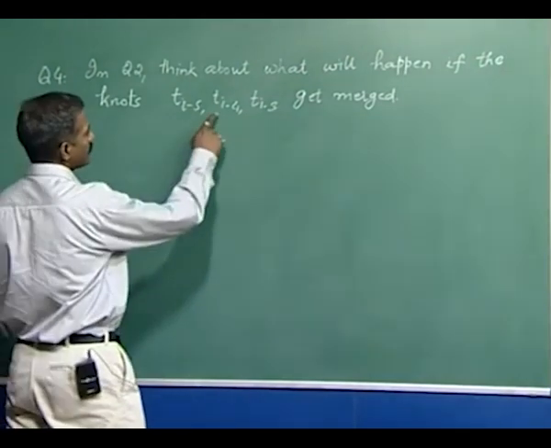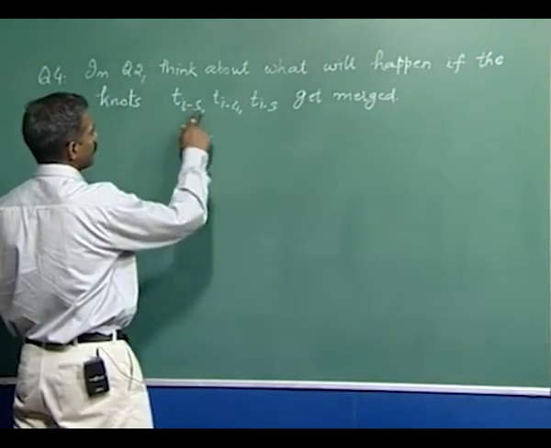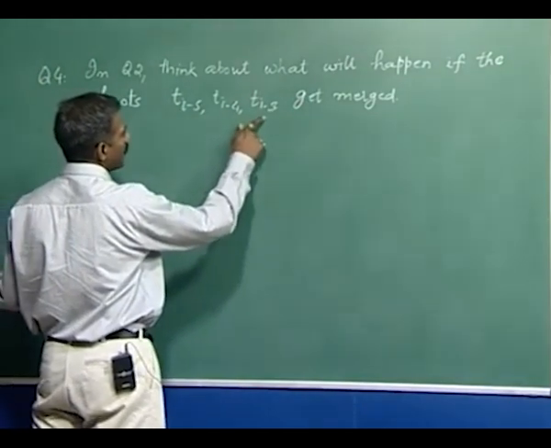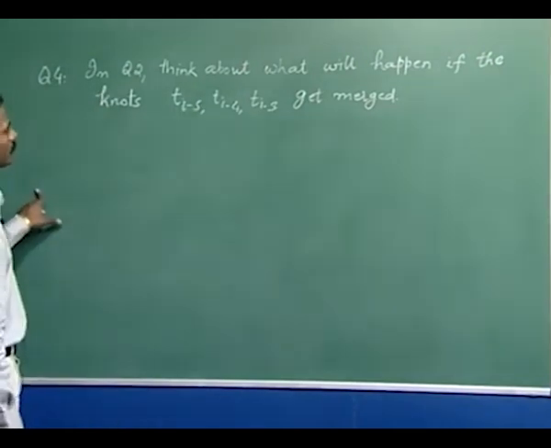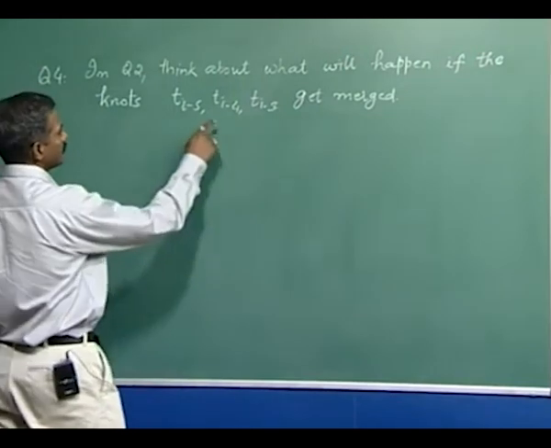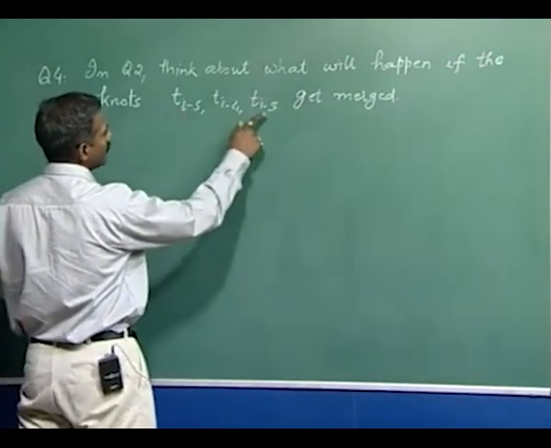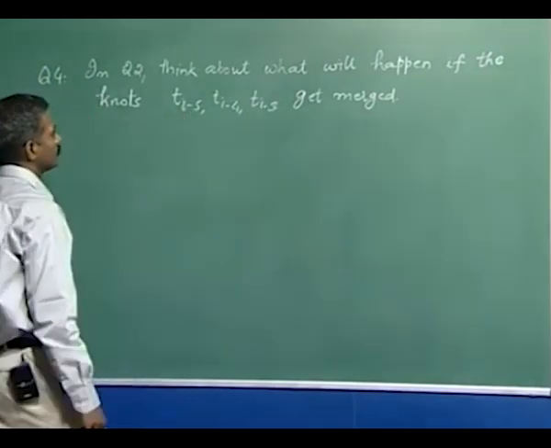You can first say t i minus 4 equals t i minus 3, and then t i minus 5 is equal to t i minus 3. Or you can merge these knots from the right by saying that t i minus 4 equals t i minus 5, and then t i minus 3 equals t i minus 5.